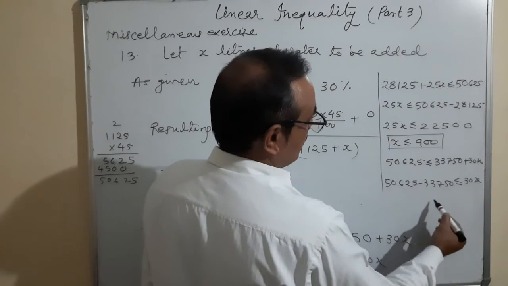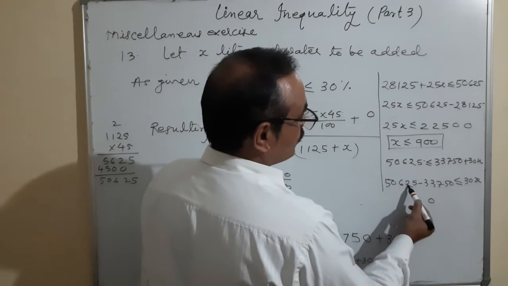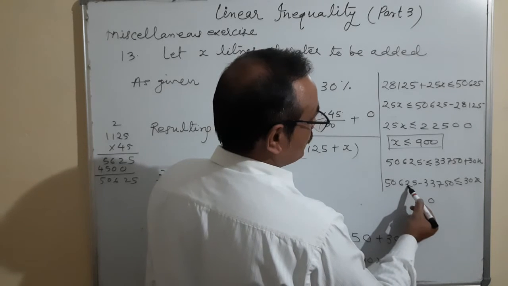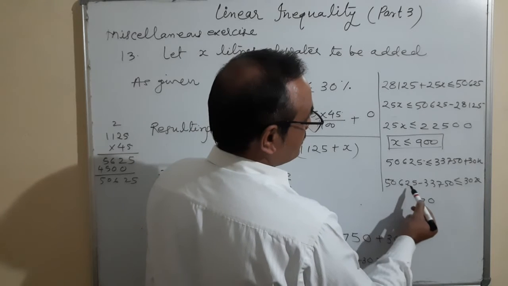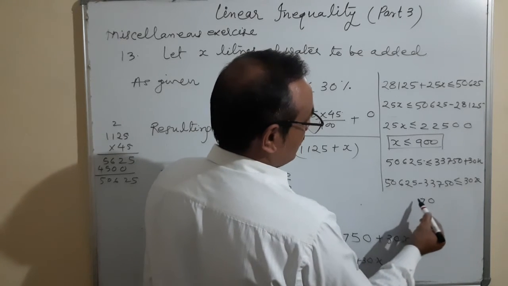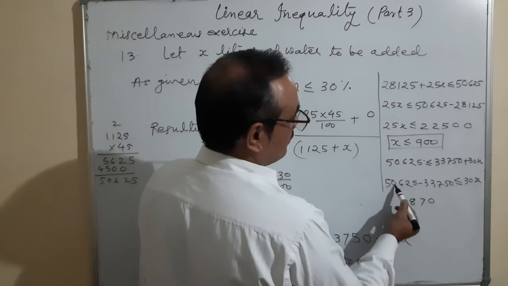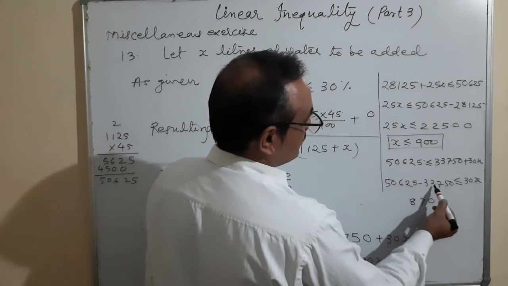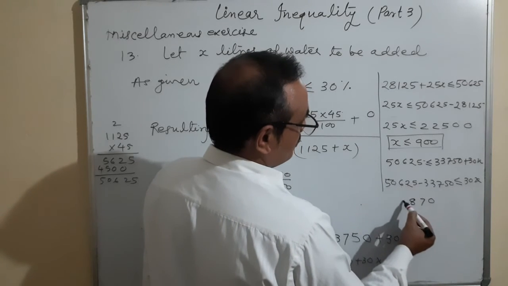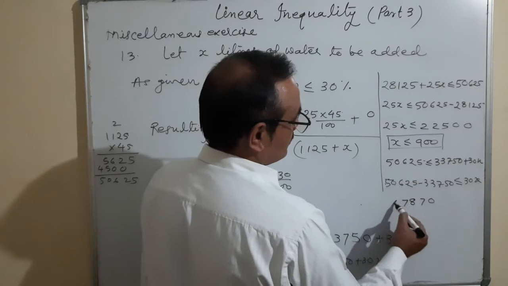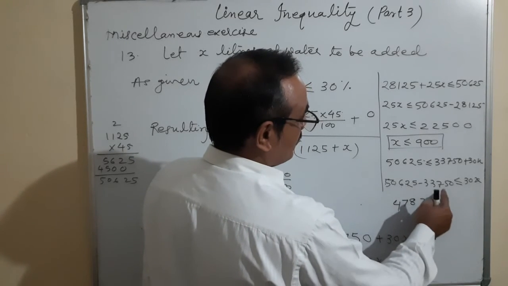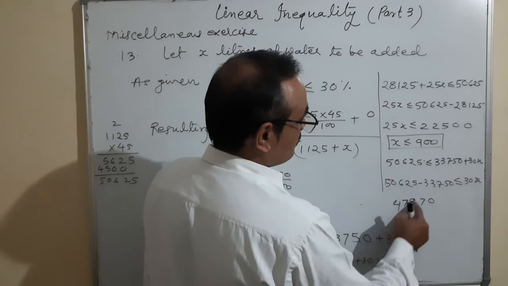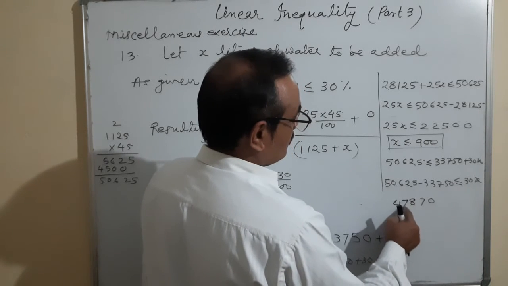So it is 5 minus 0, 5, 12 minus 5, 7, 15 minus 7, it is 8, 9 minus 2, 7.